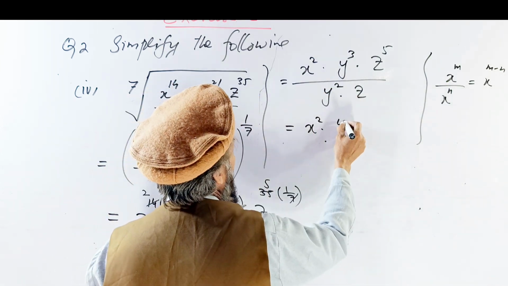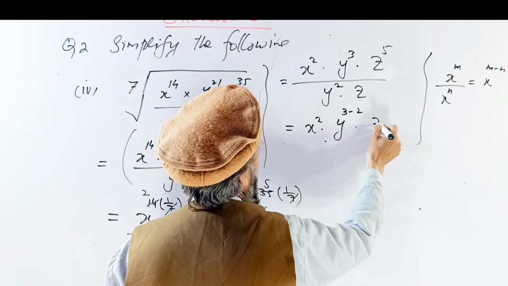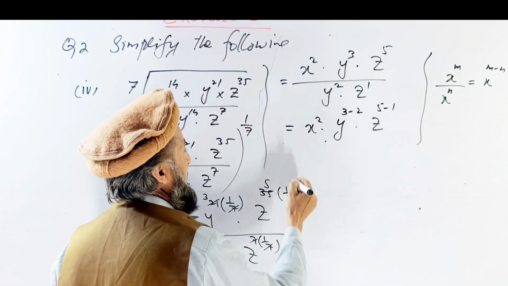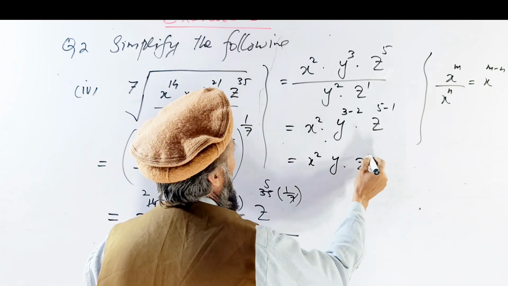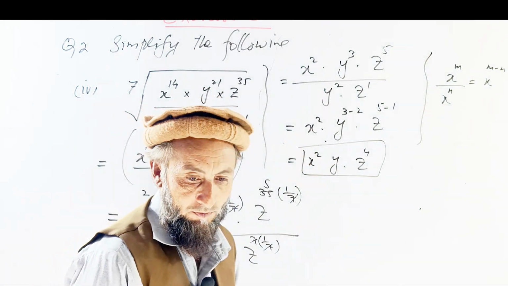Here division is available, so we write 3 minus 2. Similarly, z power 5 minus 1. According to this exponent rule, we can write x square y and z power 4 as the required answer of this question.